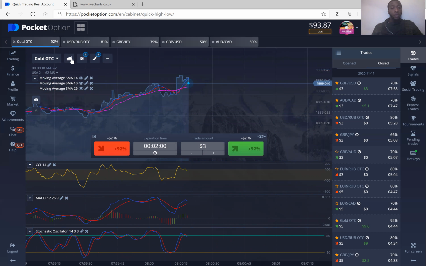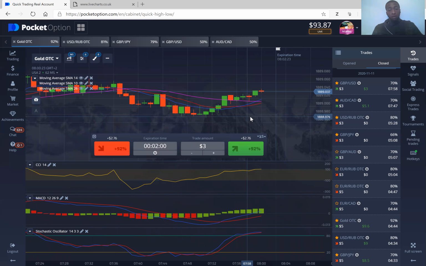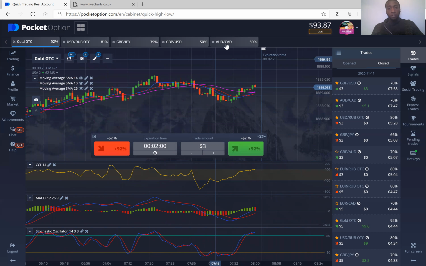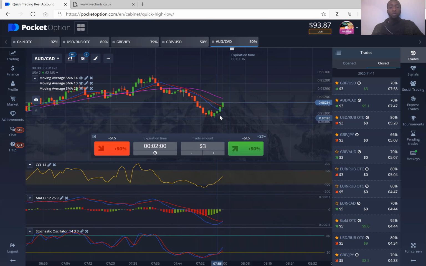Let's go back to the candlestick chart. I know we were looking for some entries. I think we was looking for a buy. Damn, that's why I'm saying you really gotta pay attention with this HFX, because we just missed a buy.